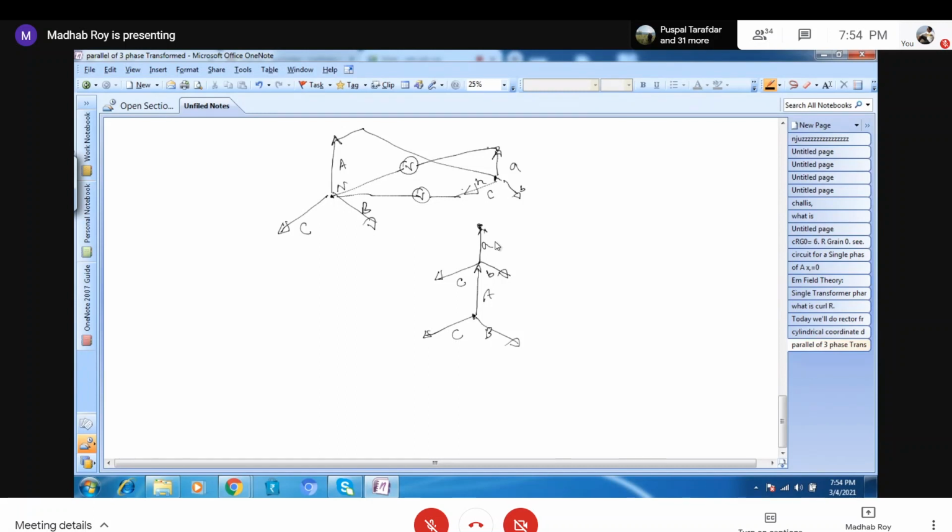So vectorially, if we connect the voltmeter from here to here, what will be the result? Between A and capital A, what will be the voltmeter reading? What will be the voltmeter reading between capital A and small a?